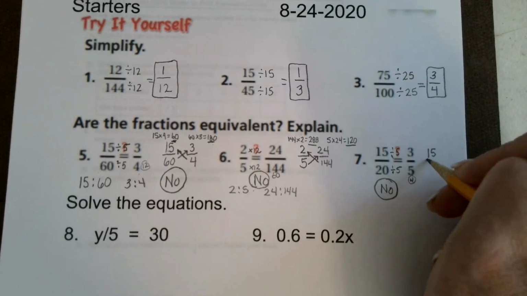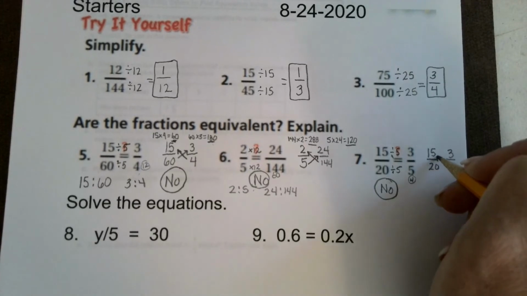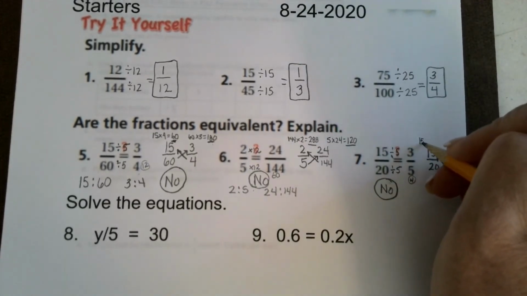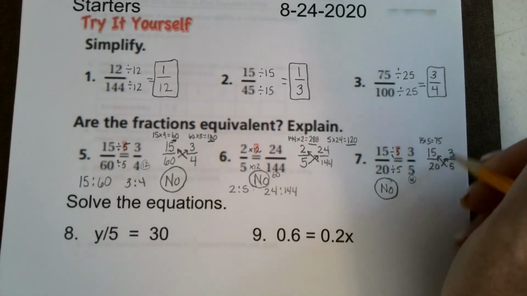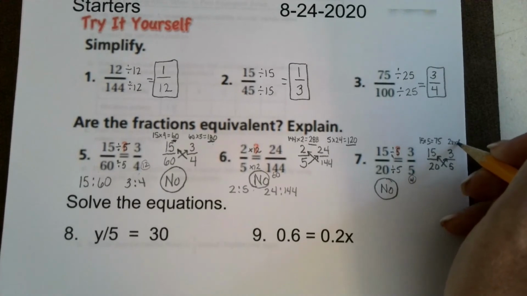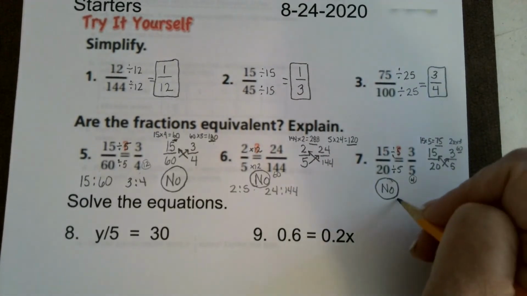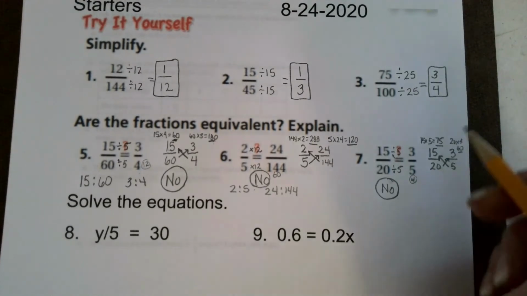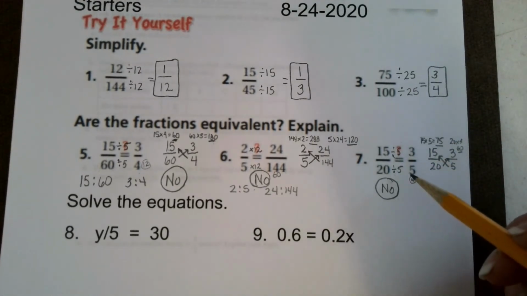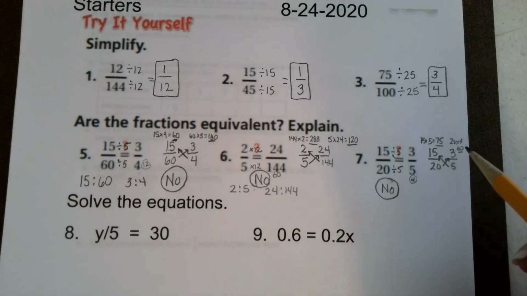So we have 15 twentieths and 3 fifths. 15 times 5 is equal to 75. 20 times 3 is 60. Those two things are not equal, so they are not equivalent. And your explanation can just be that when you divide the numerator and the denominator by the same number, you don't get 3 fifths. Or you can explain that when you cross multiply, your answers are not the same.